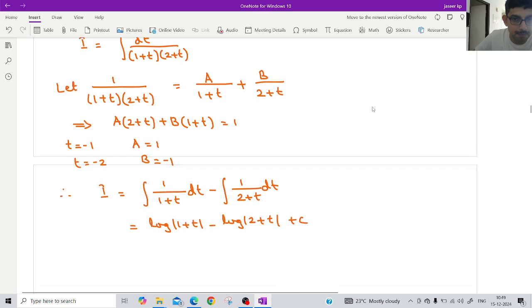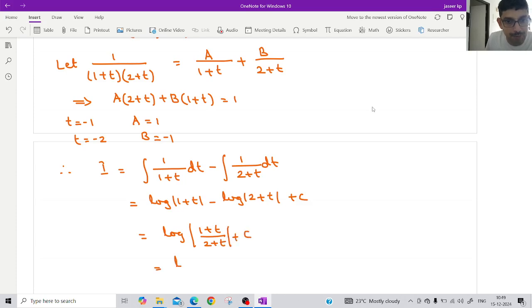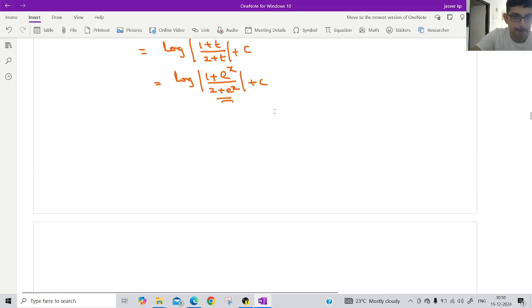Which is the same as log of (1 plus t) by (2 plus t), and now putting back the value of t, it is log of (1 plus e power x) by (2 plus e power x). So this will be the answer to this particular problem.